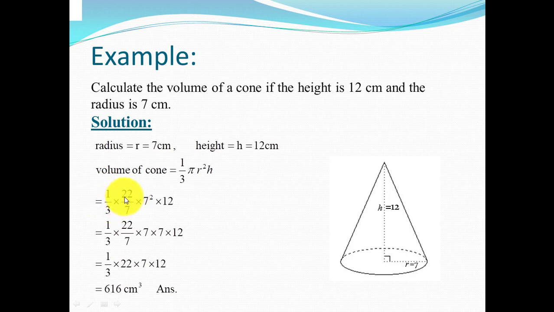Here 1 over 3, 22/7, r is 7 so r square is 7 square, and 12 multiplied by 12, and after multiplication we get 616 centimeter cube. It means this is the cone whose height is 12 centimeter and radius is 7. Its volume is 616 centimeter cube.